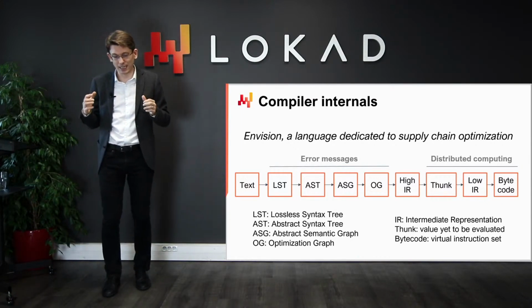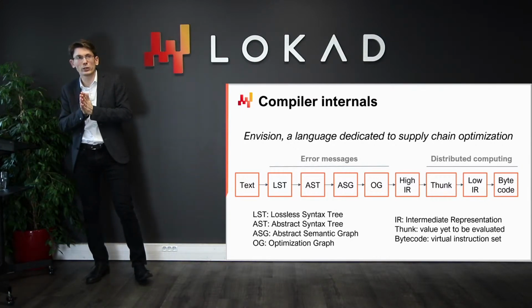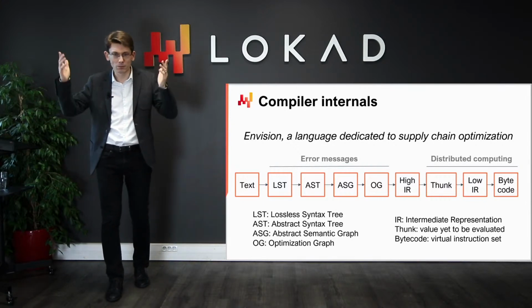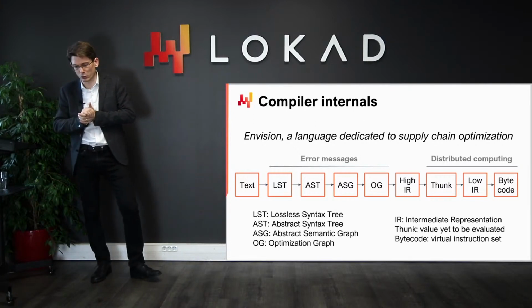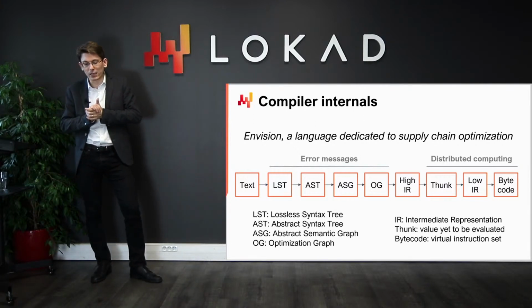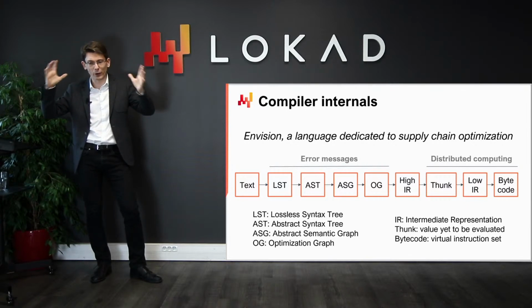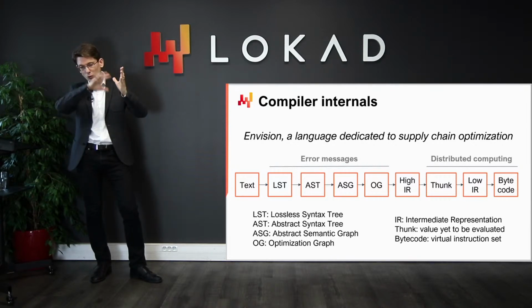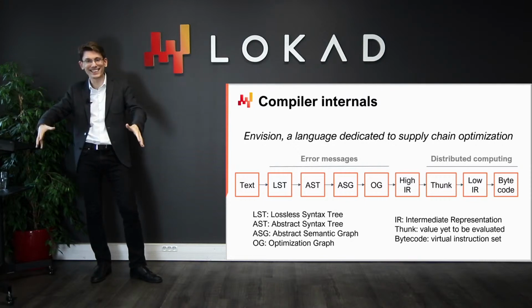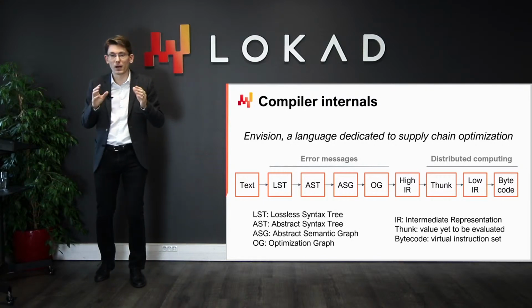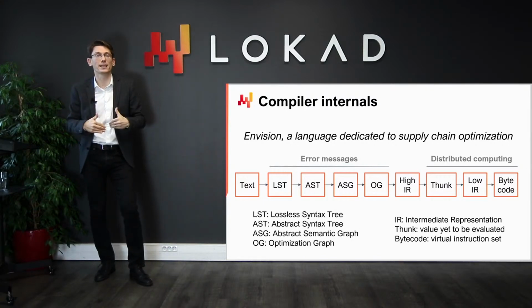When we flatten the tree, we use a very well-known technique called static single assignment, if there are compilation experts in the audience. Essentially, we can decompose a very complex statement, where there is a big, highly nested expression, into a sequence of elementary statements.